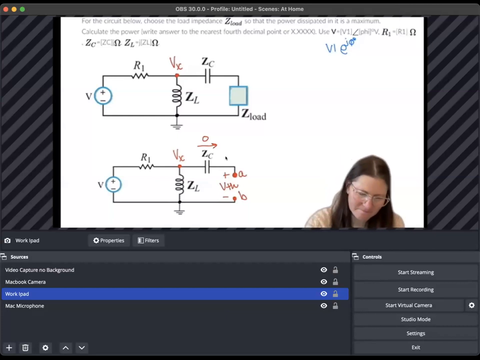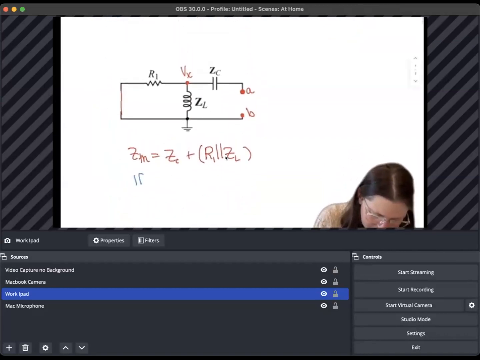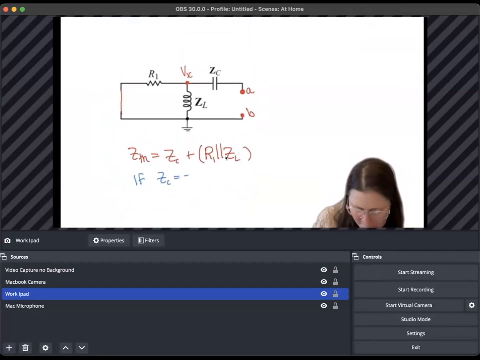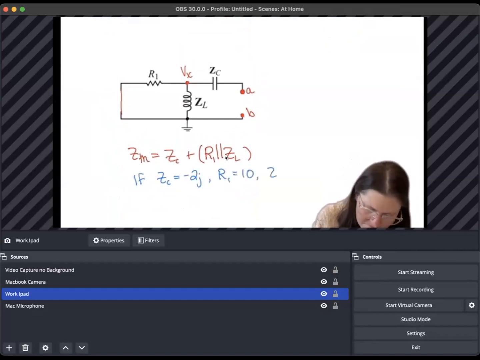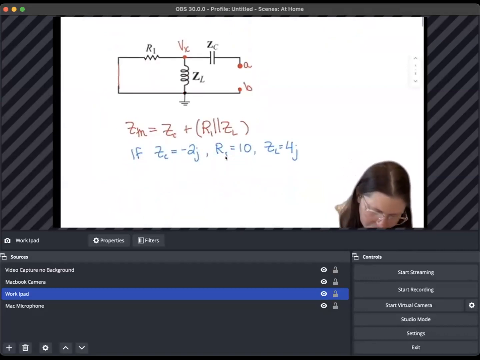I is equal to voltage divided by resistance, so voltage is equal to IR. So VTH is equal to the current. Oh, is VTH just equal to Vx? It is equal to Vx.